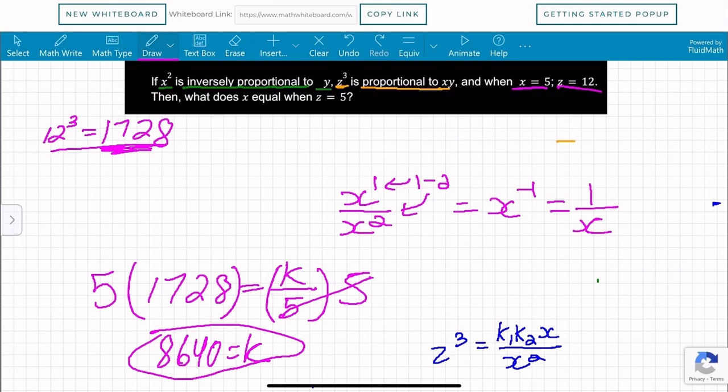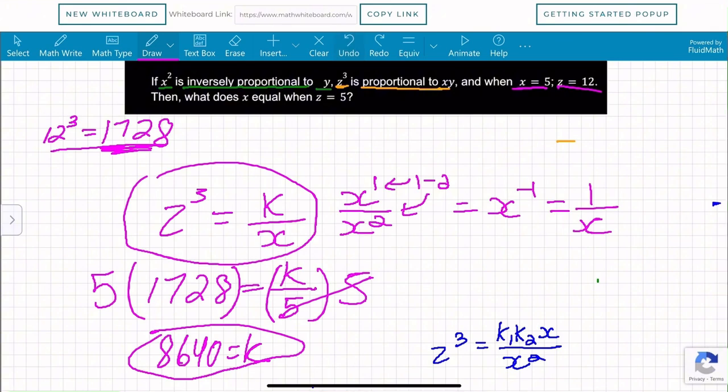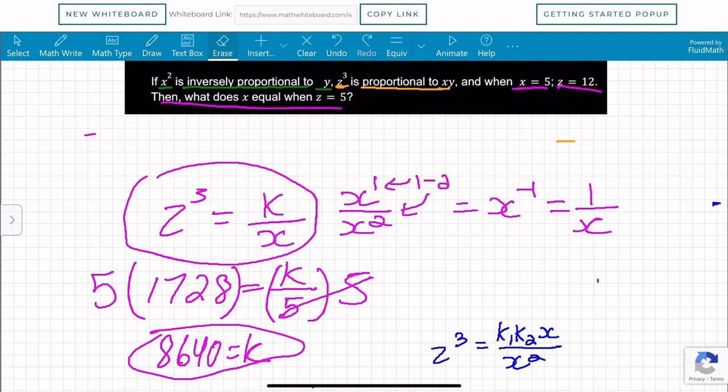But we're not done yet. We still need to figure out what x equals when z equals 5. Well, we're going to use this equation that just popped right back up: z to the third is equal to k over x, because we know the constant and we know what z equals. So this is going to be pretty easy, plugging it back in. Just some basic algebra.